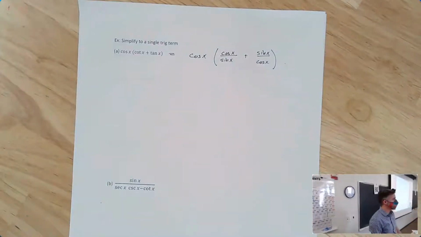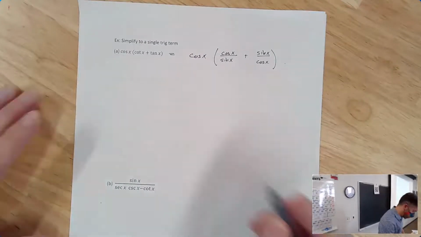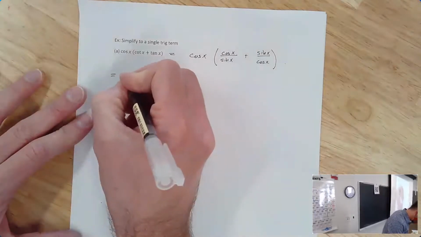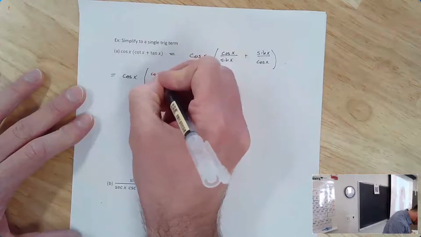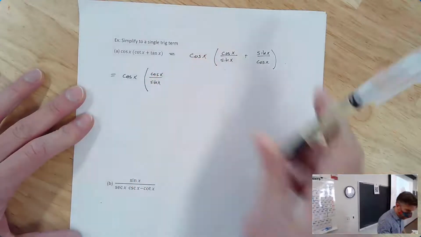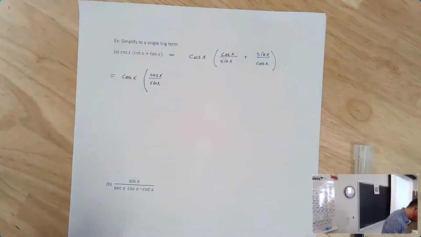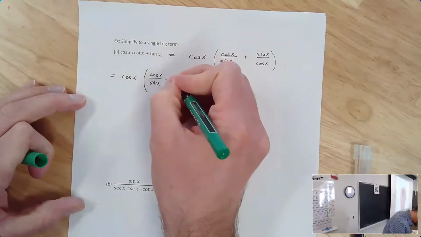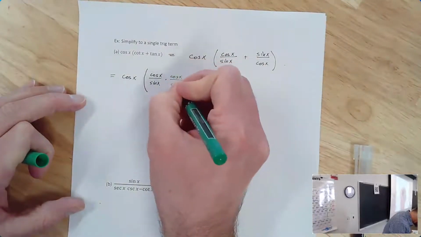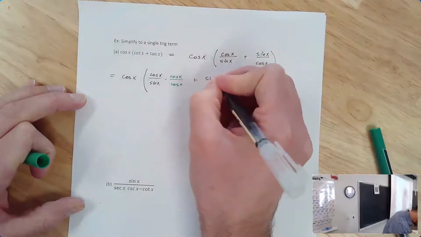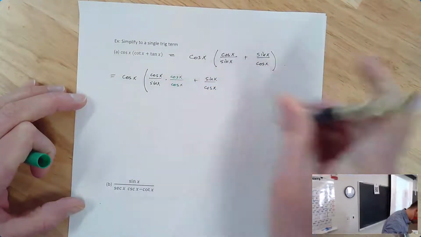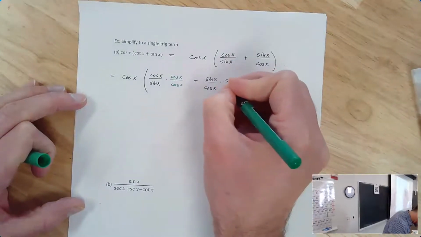Now, I would like to write things as one fraction, but I need a common denominator. So that's what I'm going to do next. This is cosine of x times cosine x over sine x times cosine x over cosine x, plus sine x over cosine x times sine x over sine x.